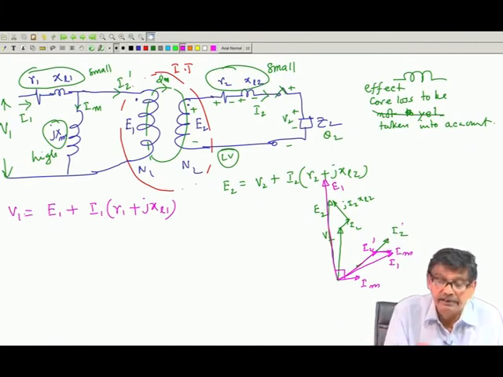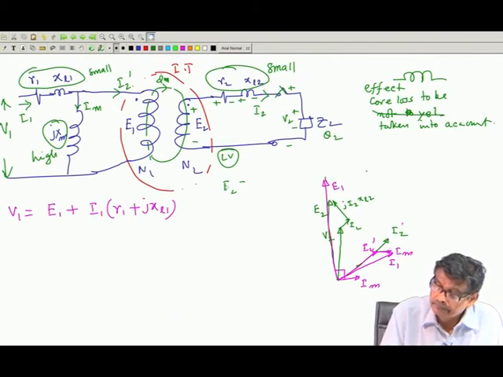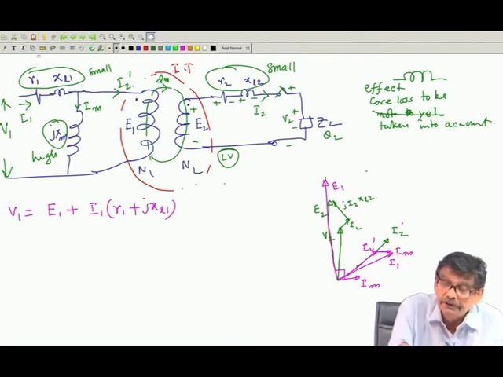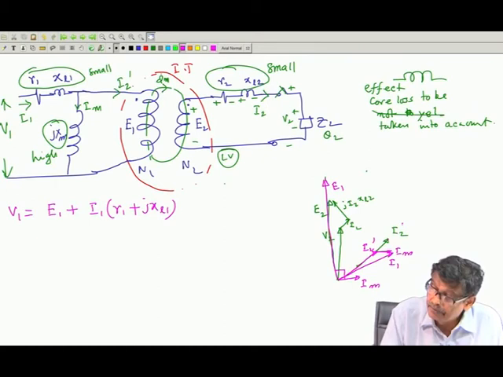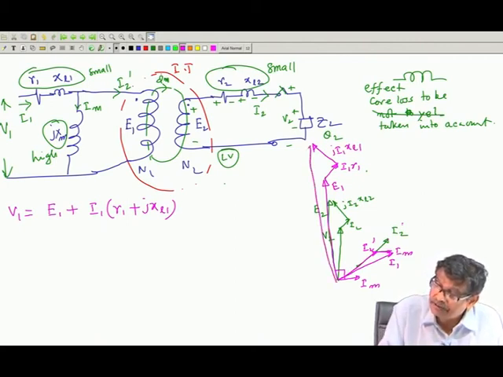So, to this E1 you now add I1R1, parallel to this, wherever it is, I1R1, and to this you add I1, which is 90 degrees, jI1Xl1, and get your supply voltage V1.